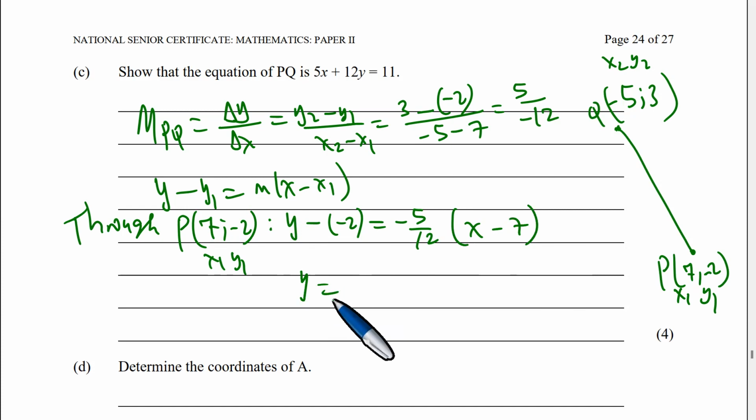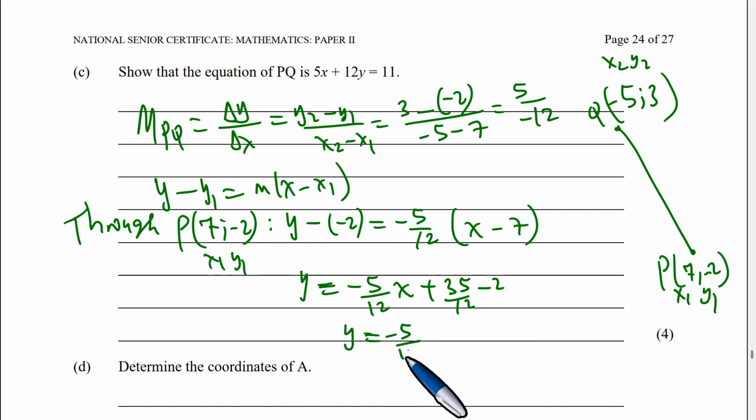So y is the same as minus 5 out of 12 x plus 35 out of 12 minus 2, which gives 11 out of 12.